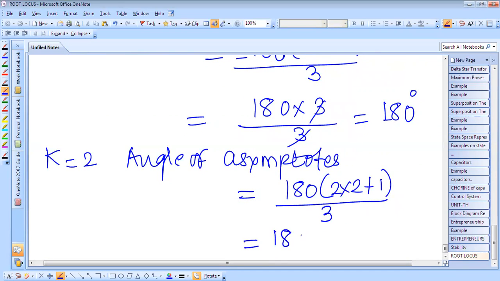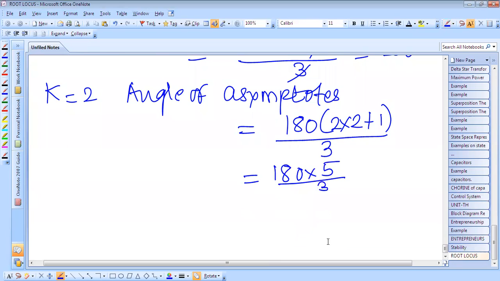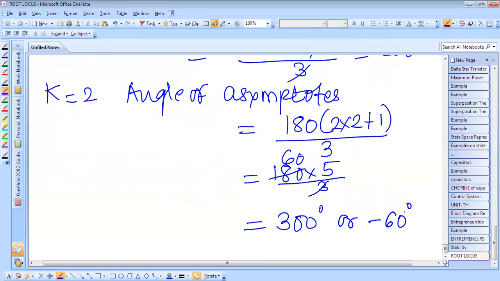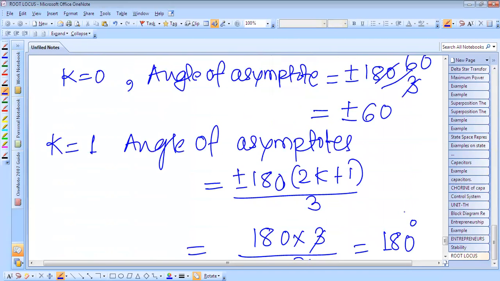So it is 180 degrees times 5 by 3. So this is 300 degrees. So either 300 degrees or minus 60 degrees.